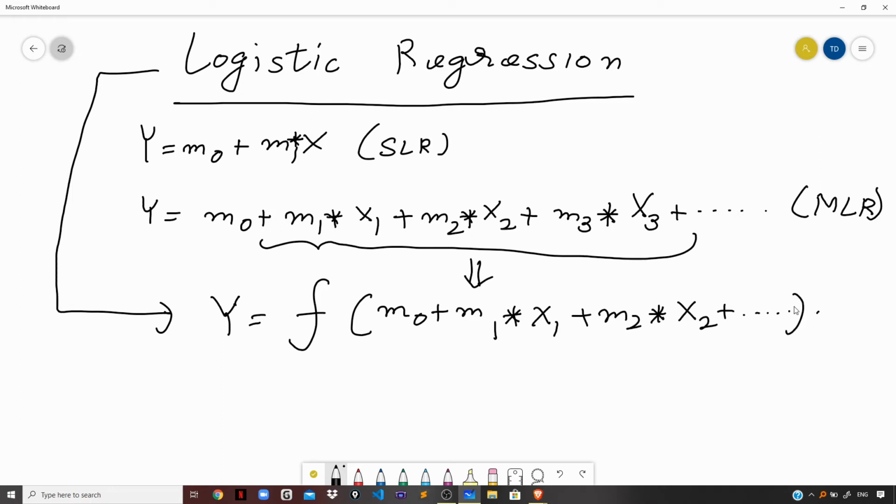So the function f here is defined as f of b, so we can say f of b as 1 by 1 plus e raised to the power of minus b. So e is your exponential function.